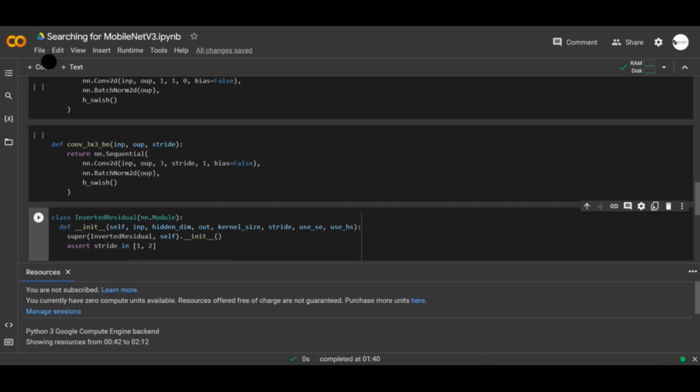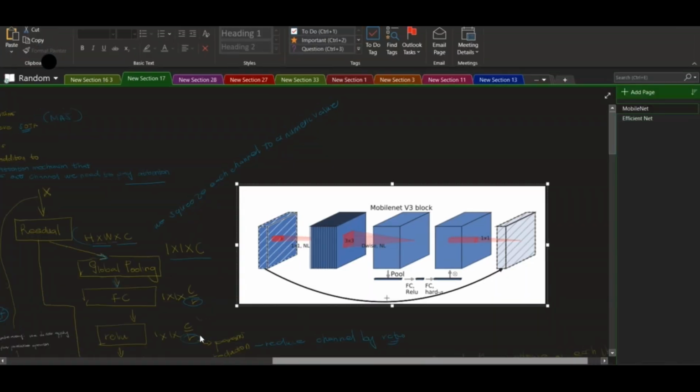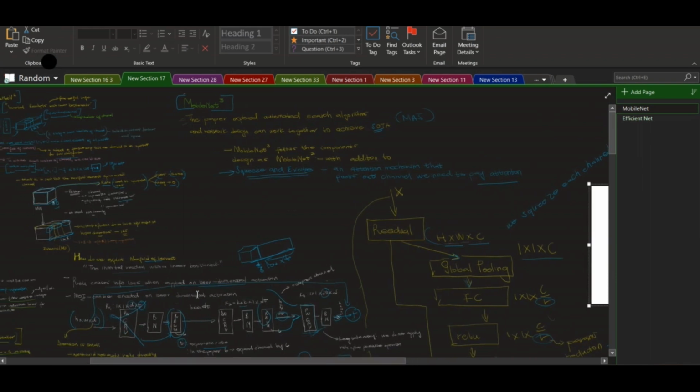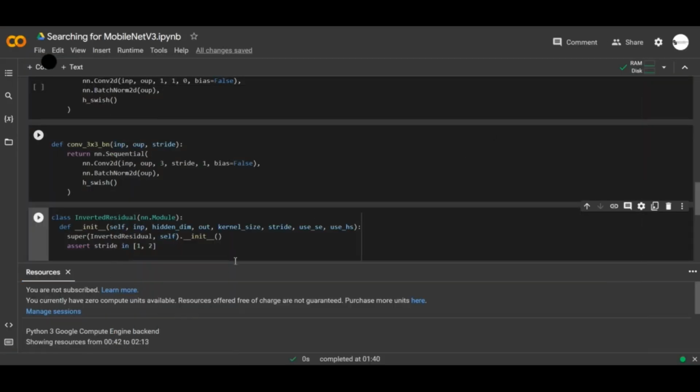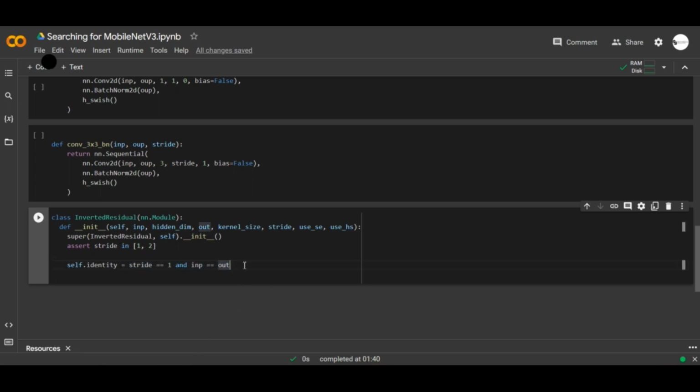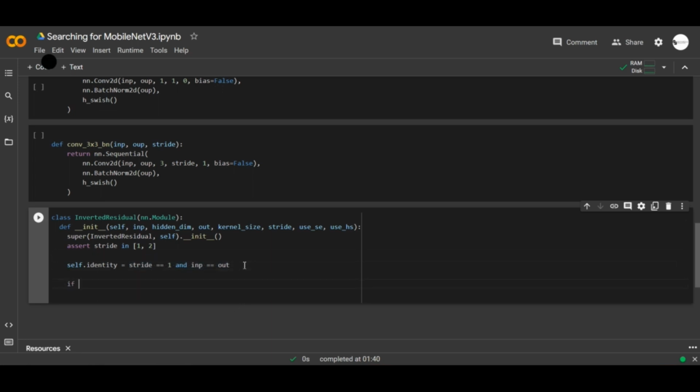But remember that we spoke about this when we were explaining this blue thing here: when stride equals 1, we need the skip connection because the dimensions between the input and the output won't change. But when the stride equals 2, we will never have the skip connection, because a stride of 2 is going to reduce the size. So that's why we have that condition right there.